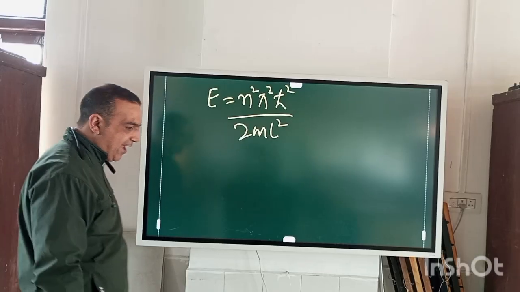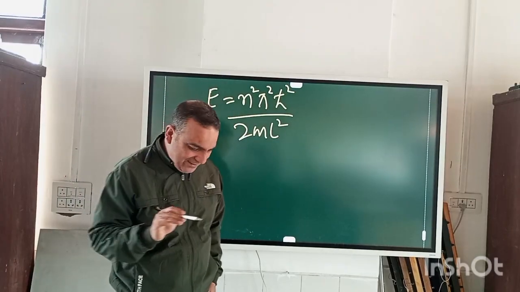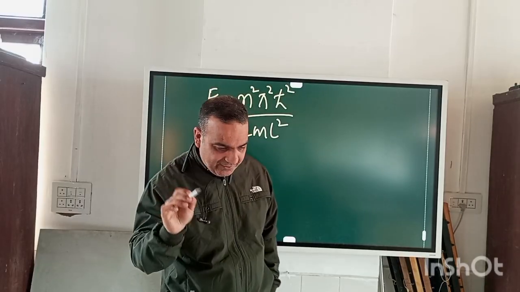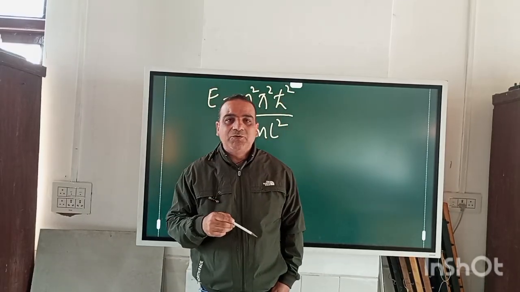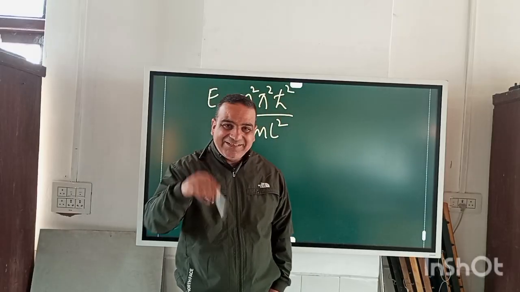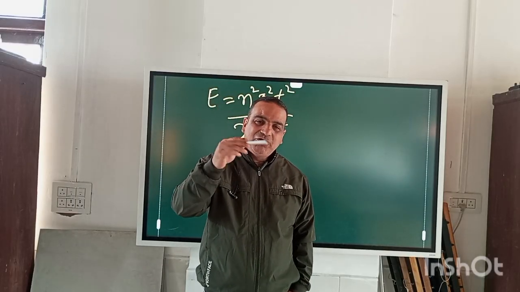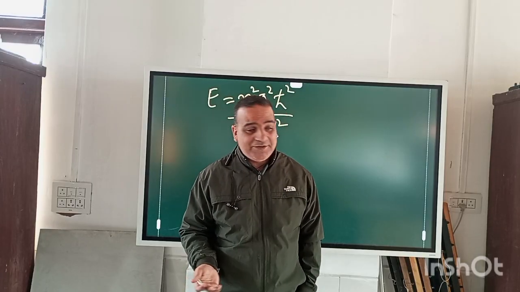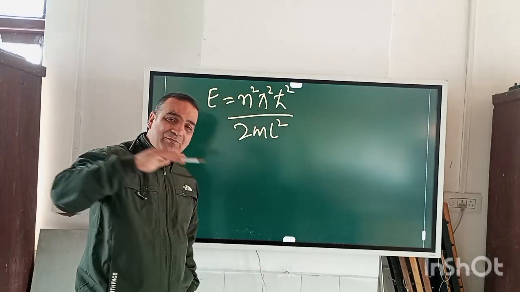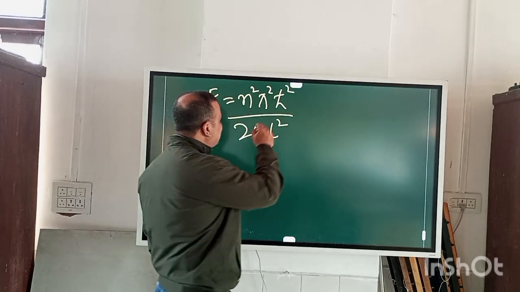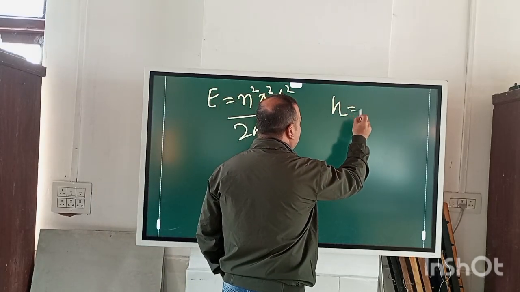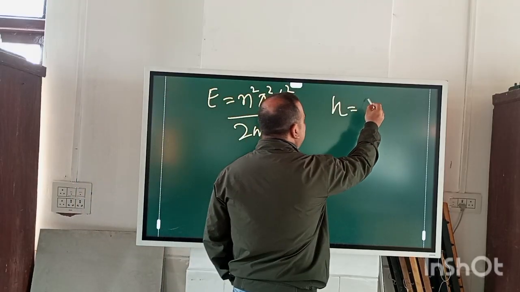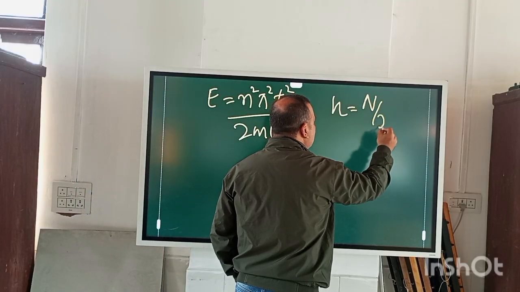Now, what is n? n gives us the number of the energy levels. Energy level 1, energy level 2, energy level 3. And thinking in the context of the exclusion principle, each energy level is going to take 2 electrons as partners. So if I have N number of electrons, then this n can be taken equal to N divided by 2.